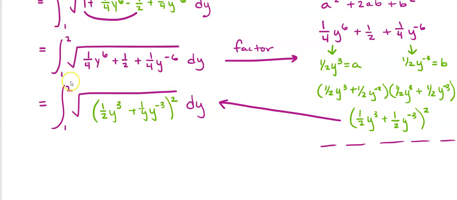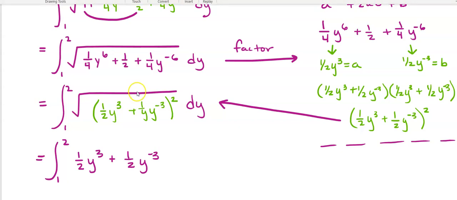So now we can write this as the integral from 1 to 2 of 1/2 y to the 3rd plus 1/2 y to the negative 3rd. I just realized that when I wrote the above part, I put a y there instead of a 2, so let me fix that.